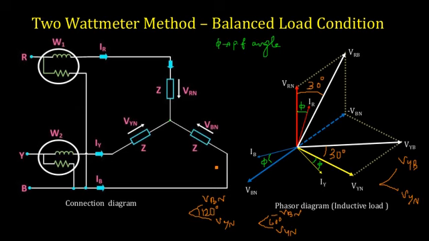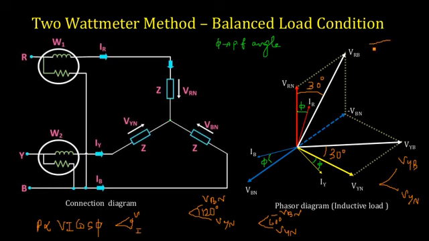Now what was the equation that we derived in the last class for the power indicated by the wattmeter? Power was proportional to VI cos phi, where phi was the angle between V and I. Now similarly, we need to find out the angle between which values? The angle between IR and VRB.